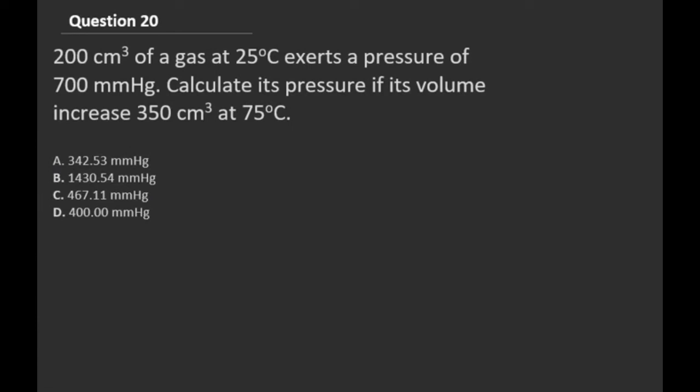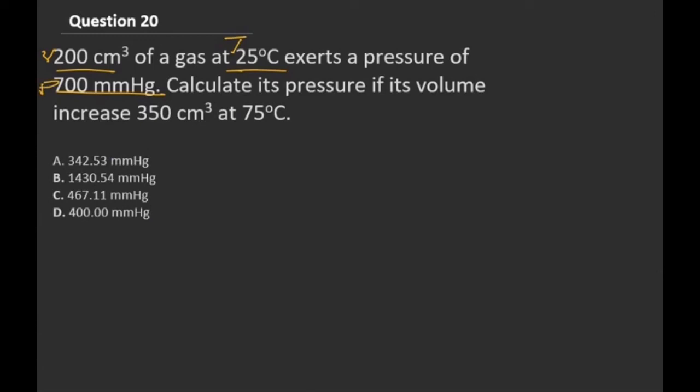To solve for this, we are going to look at the question critically. We are given 200 cm cube, which stands for volume, 25 degrees C, which stands for temperature, and 700 millimeter mercury, which stands for pressure.